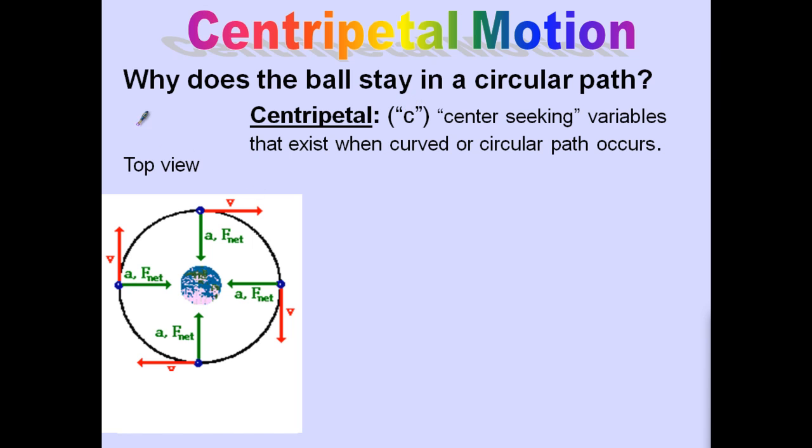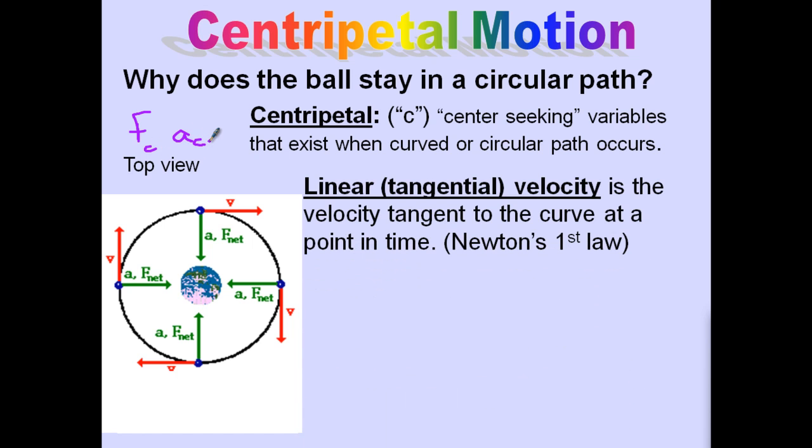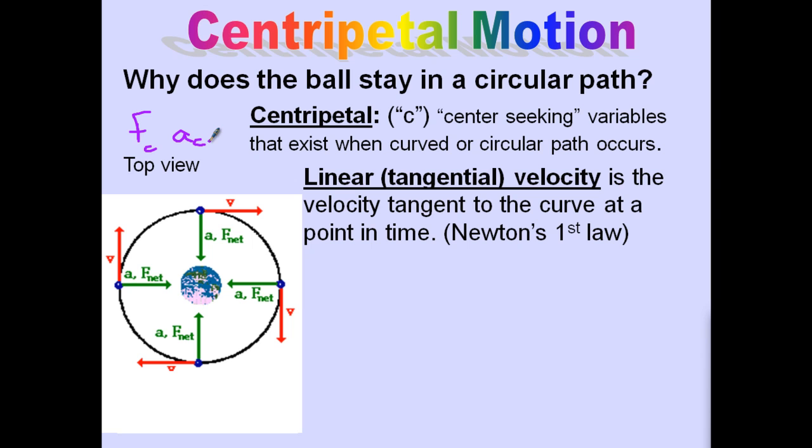So we have centripetal force, we have centripetal acceleration, because we can also find its tangential, which is not going to have a C on it, because it's going in a straight line. So our tangential velocity is always perpendicular to the net force and acceleration. So we see here all these guys perpendicular to each other.